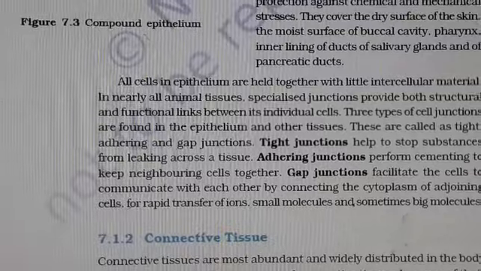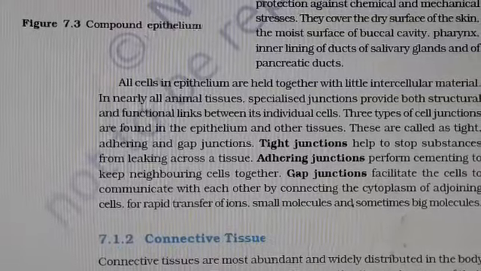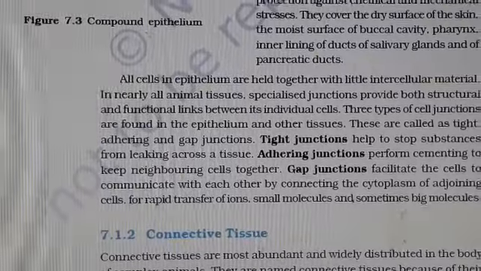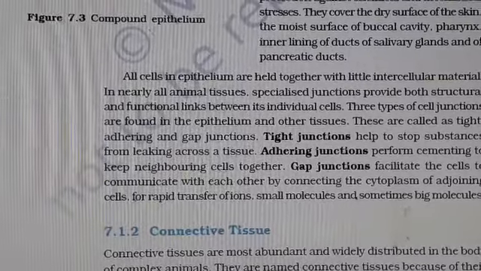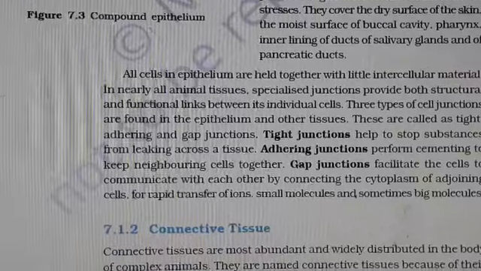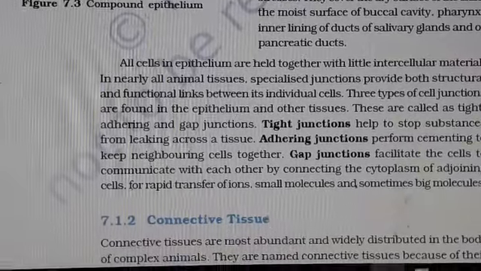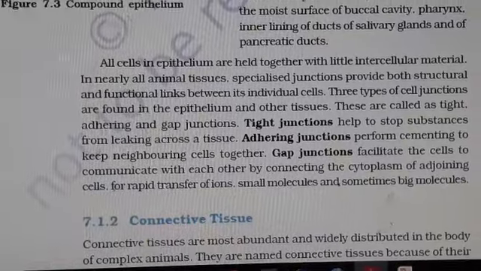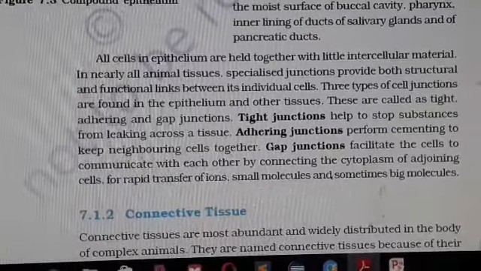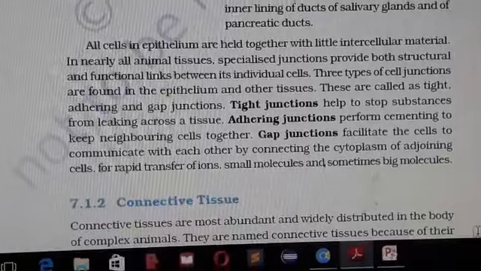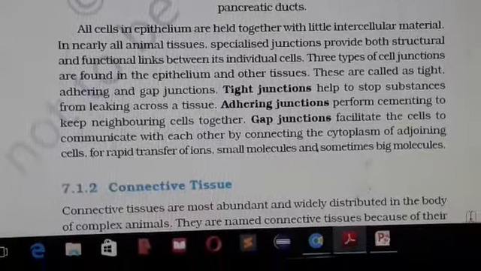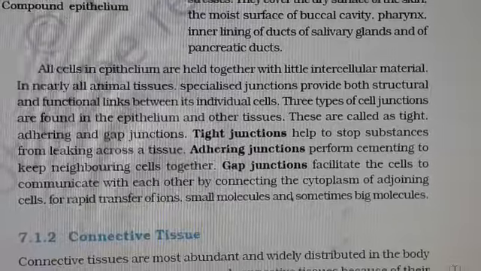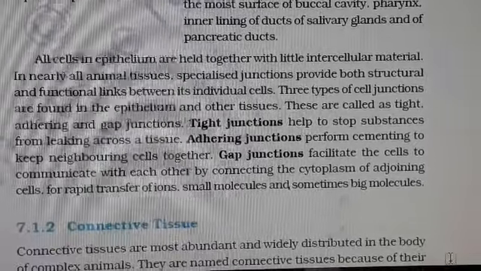So adhering means cementing the neighboring cells together. And the gap junction, what is the meaning of gap junction? Gap junctions help to communicate between two cells. If I talk about the cytoplasm, some microvilli are present on the surface of the cell, which help the cell to interchange molecules, interchange ions, you can say.